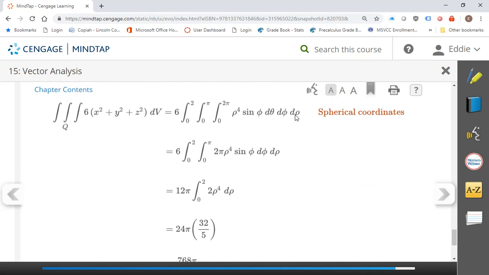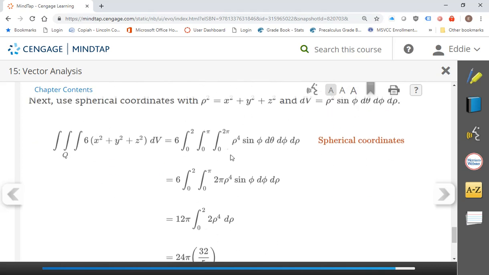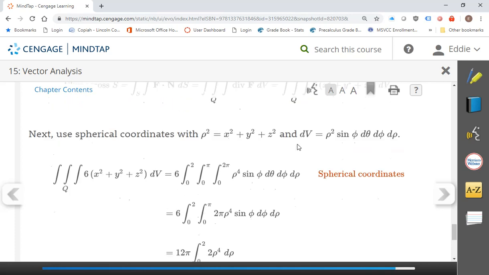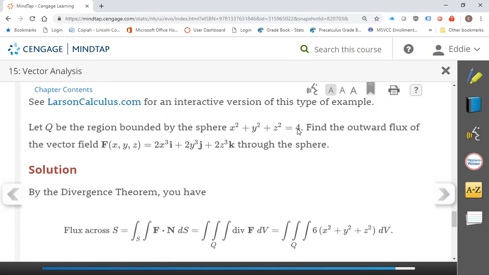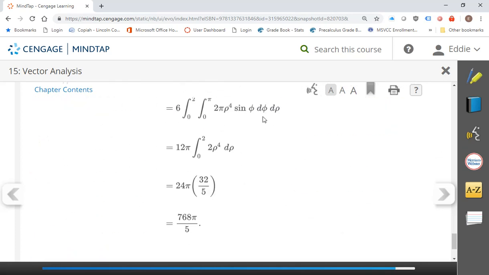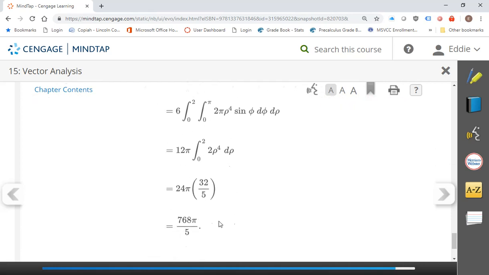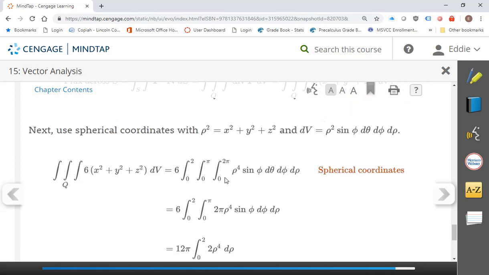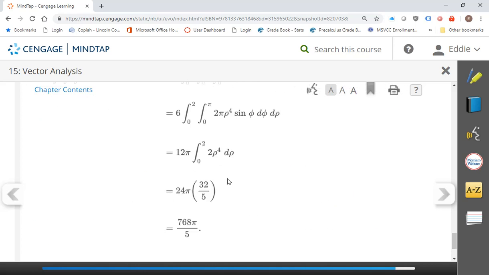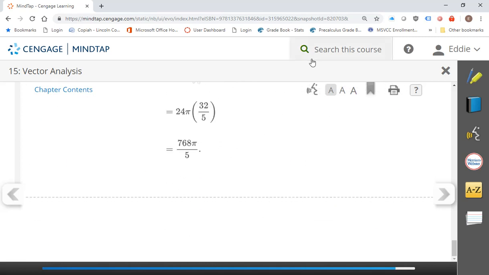So you plug in, then you set up your d theta. You got to bound your theta, bound your phi, and bound your rho. And your rho, remember, is your radius. So then you would have this triple integral here, and that would be the amount of flux flowing through that sphere if you had that particular force field.